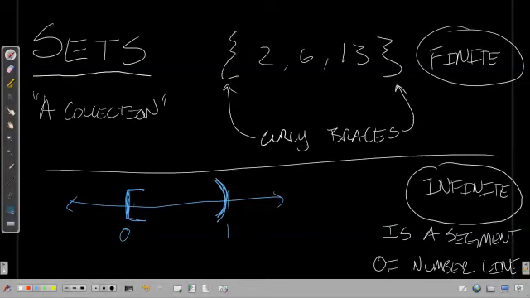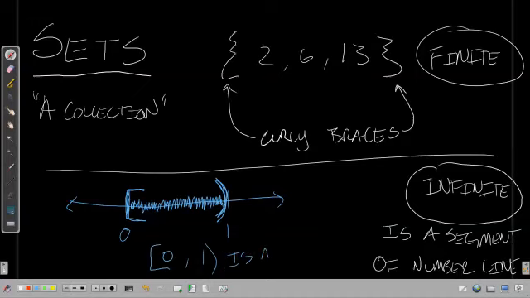And I wanted every single number inside of here, then I would write my set as the interval from 0 to 1.